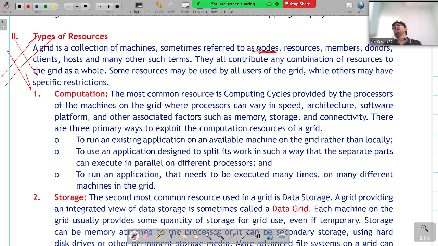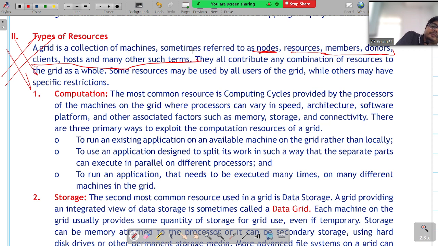Like one person can be brother, father, son, friend, teacher, grandfather. Are you getting my point? In the same way, one computer can be node, resource, member, donor, client, host. So these are the terms.